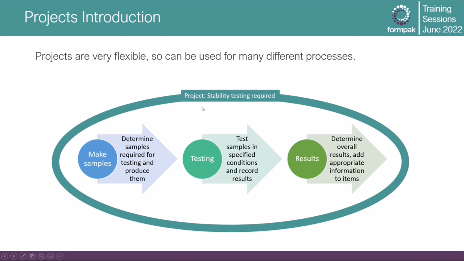Another example might be a stability testing project, where you need to make some samples, so you know what things you're going to put on test, then undertake those tests in specified conditions and record the results. And then you might have a third task, which is to determine the overall results, because if you've got lots of different criteria, it may be a human judgment to say, does it overall pass or not? And then you might need to add that overall status to some items.